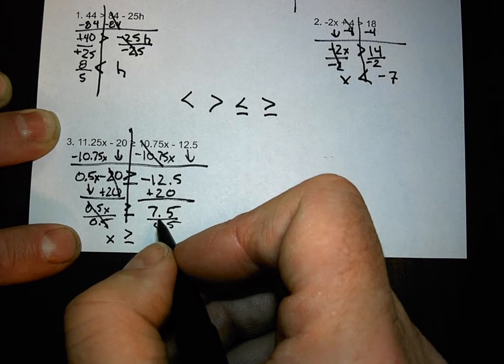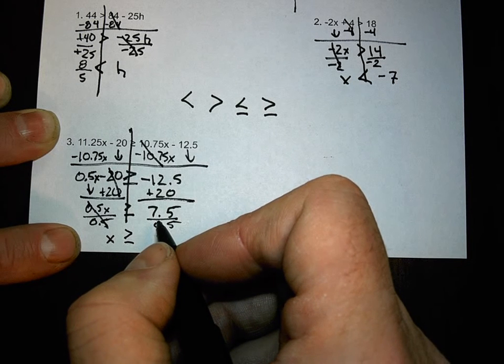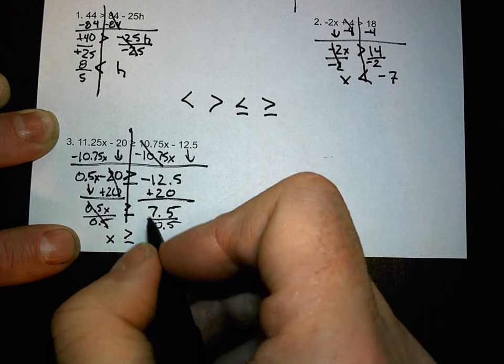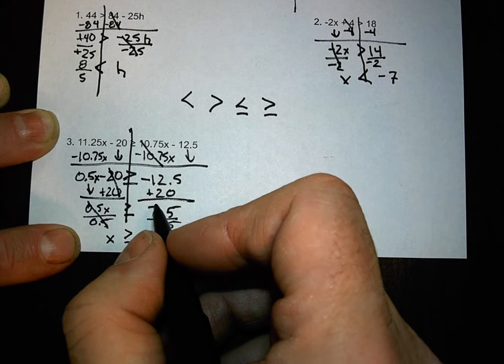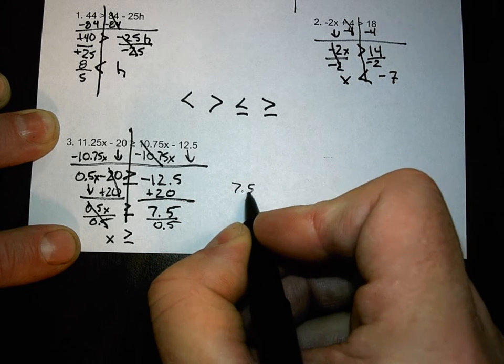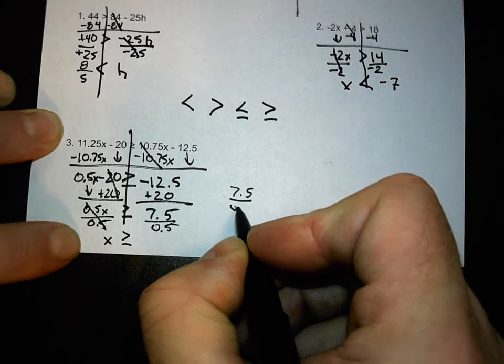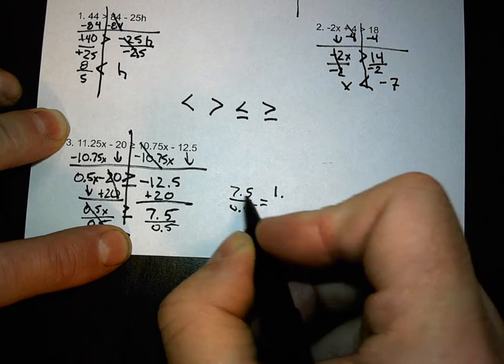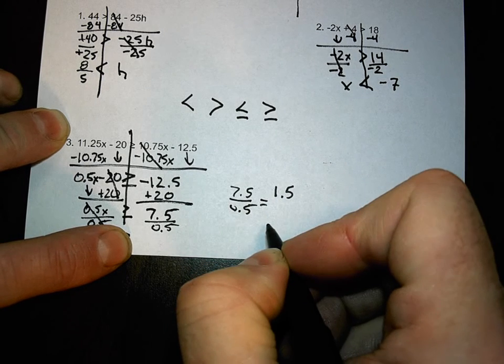Both of these you can see are divisible by 5, right? Everyone agree? So if I divide 7.5 and 0.5 by 5, that equals 1.5, right? Everyone agree? Yes.